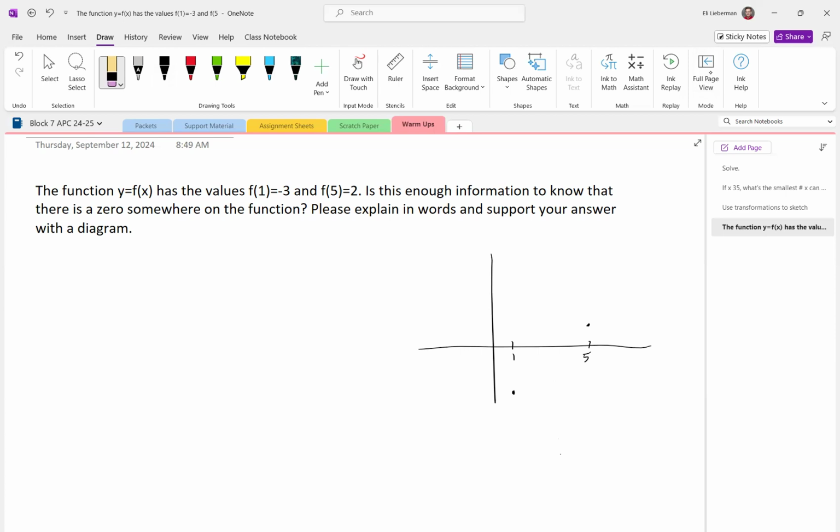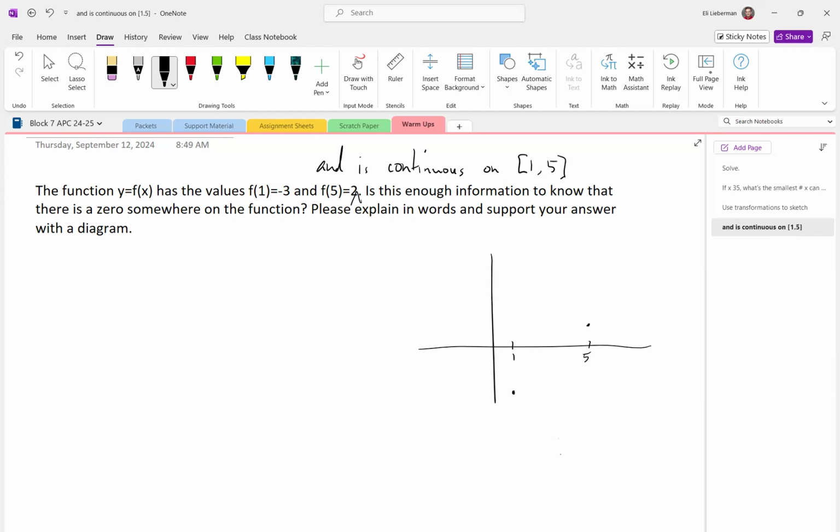Now, if I change this a little bit, and the function is continuous on 1 to 5.